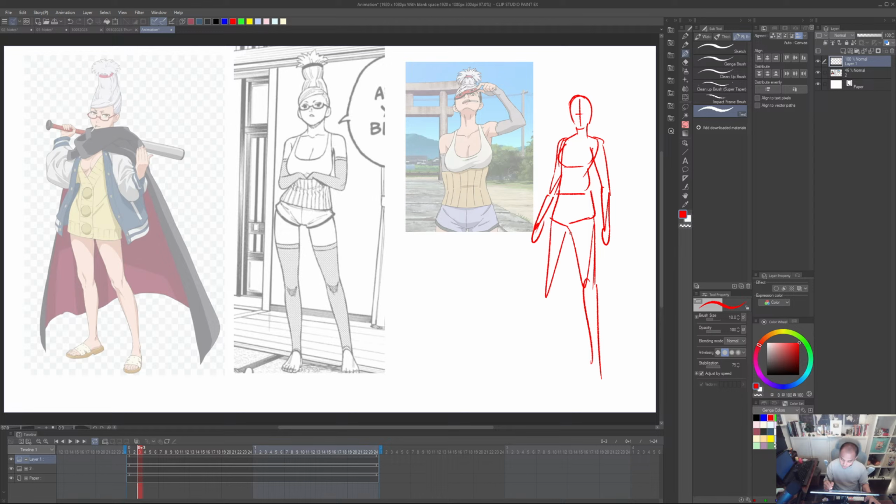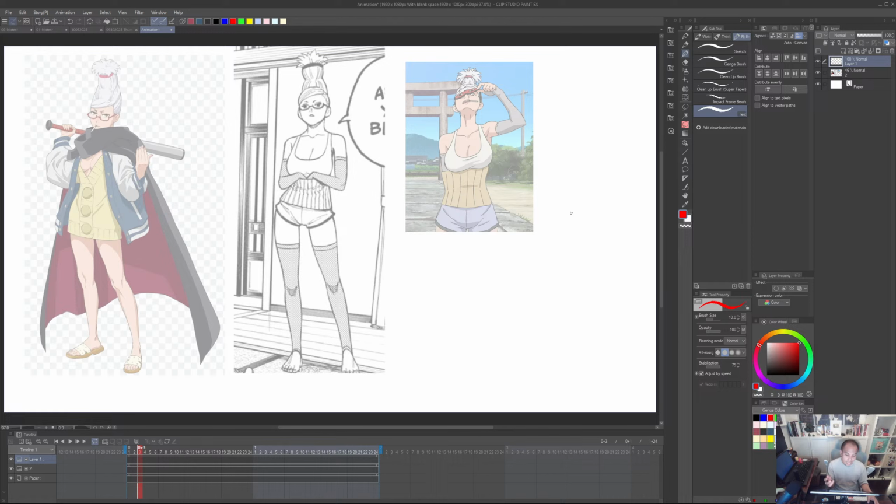If I'm just trying to understand the proportion, this is how I would draw her, right? But there's much more going on with her than just that, right?